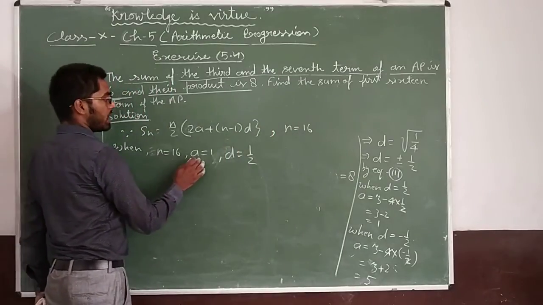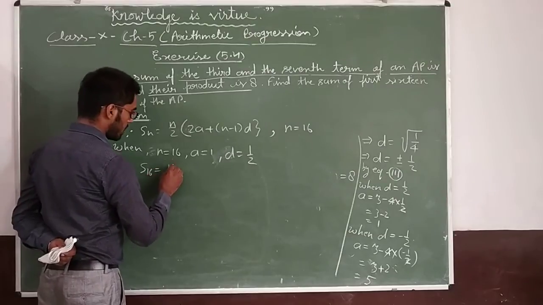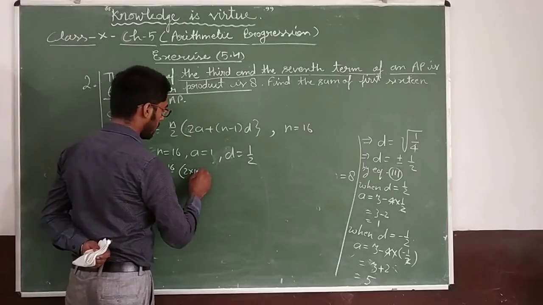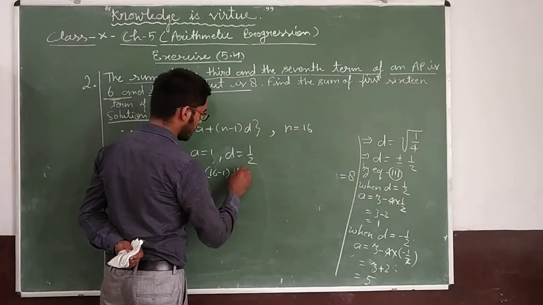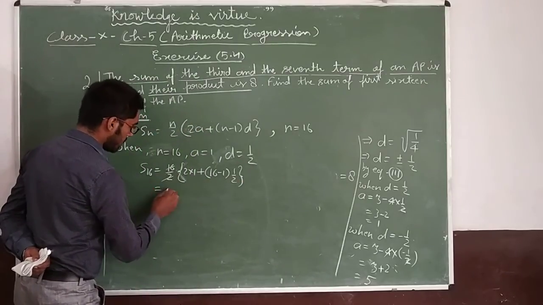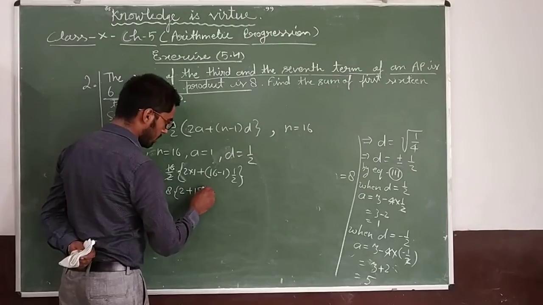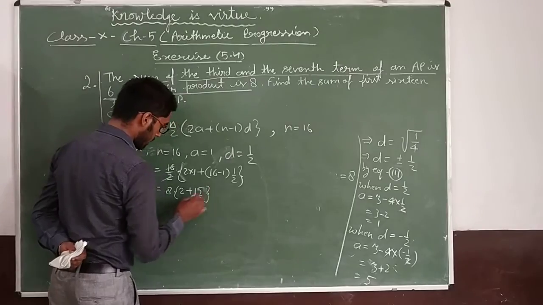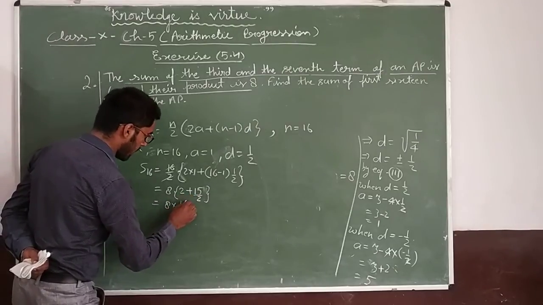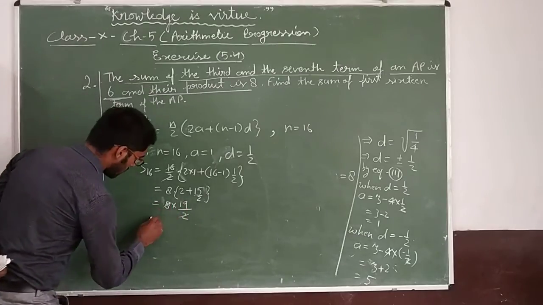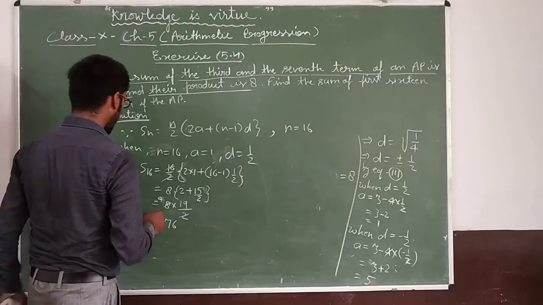So when the number of terms is 16, S16 is equal to 16 upon 2 in bracket 2 into 1 plus 16 minus 1 into common difference 1 by 2. 2 8s are 16, 2 1s are 2, plus 15 upon 2. 8 into, taking 2 as LCM, 4 plus 15 that is 19, 2 4s are 8, 19 4s are 76.